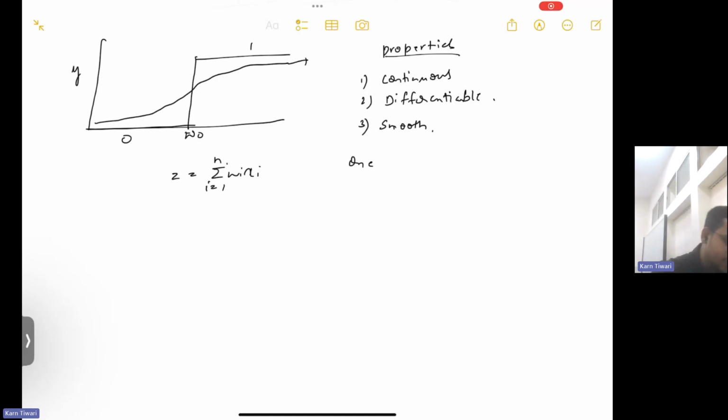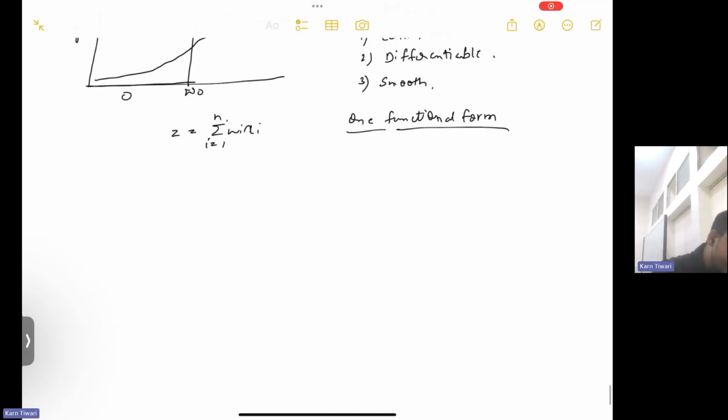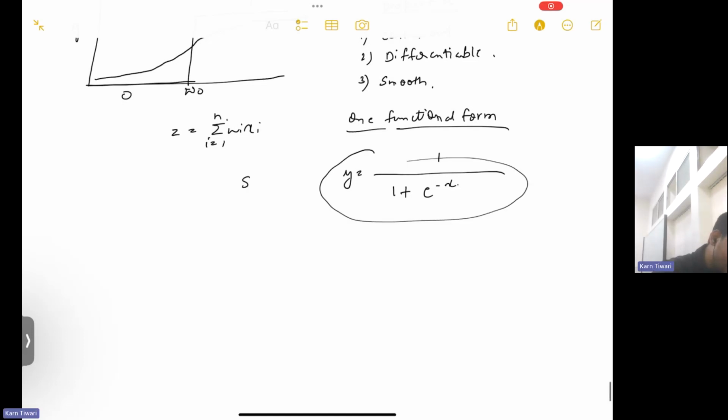Okay, that's how the functional form is. As our decision is between 0 and 1, on or off, something like this we can have. So this is what we call a sigmoid function.